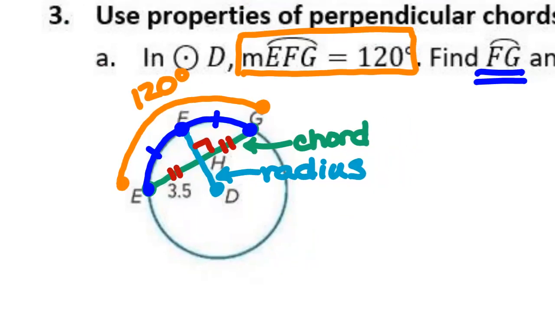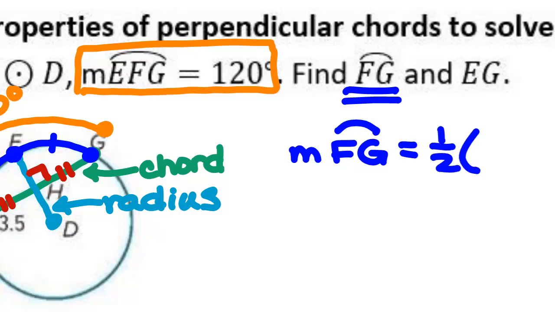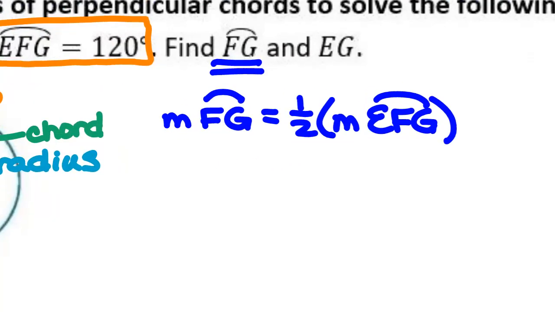Divided by 2, yes. The measurement of arc FG is equal to half of the measurement of arc EFG. And arc EFG is 120 degrees.